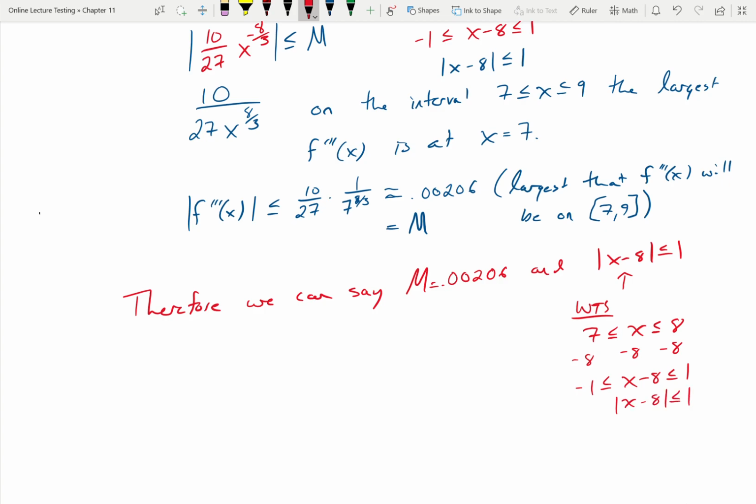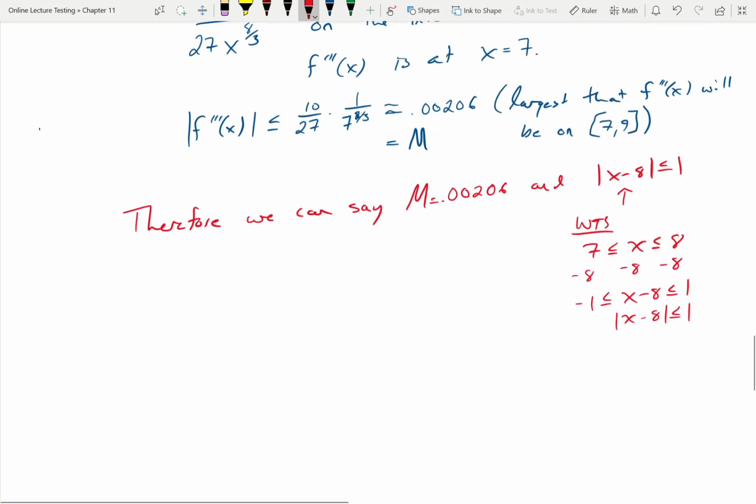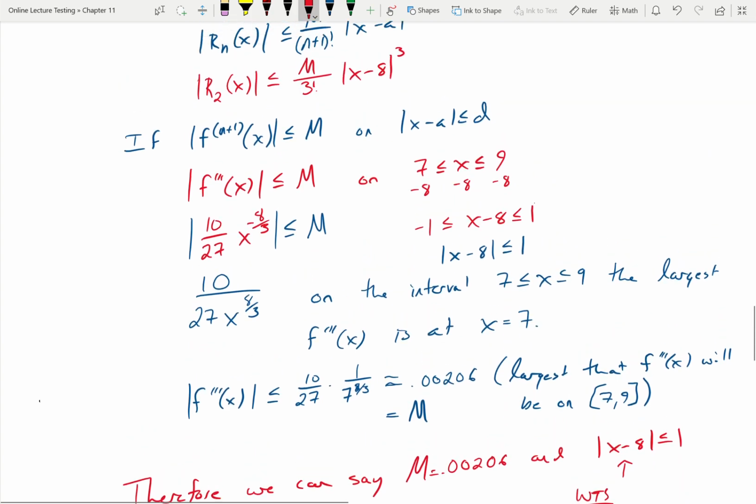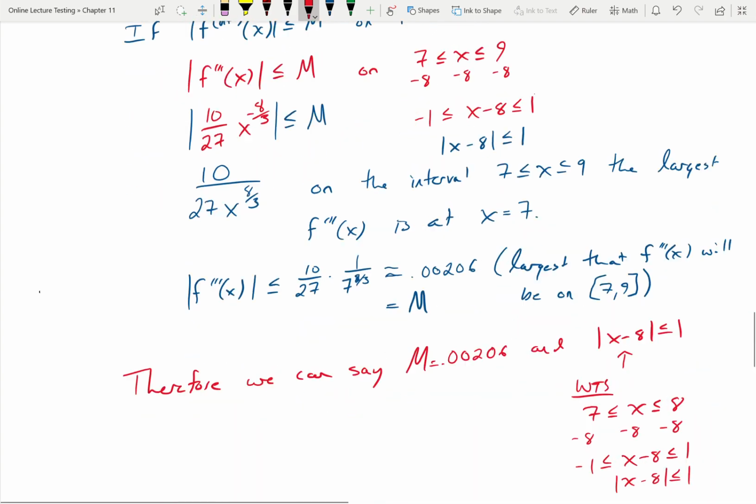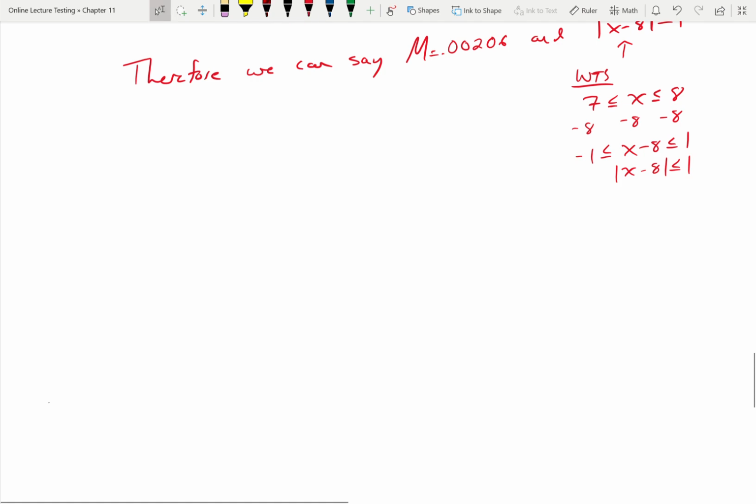And that's where that's coming from, which is good because think about what we need. We need this absolute value of x minus 8. All right.